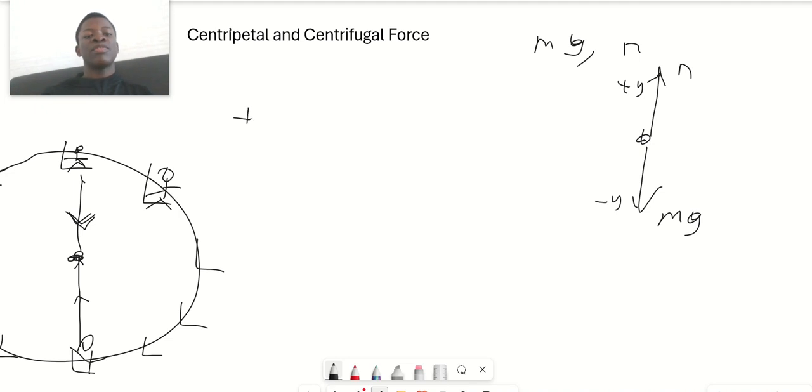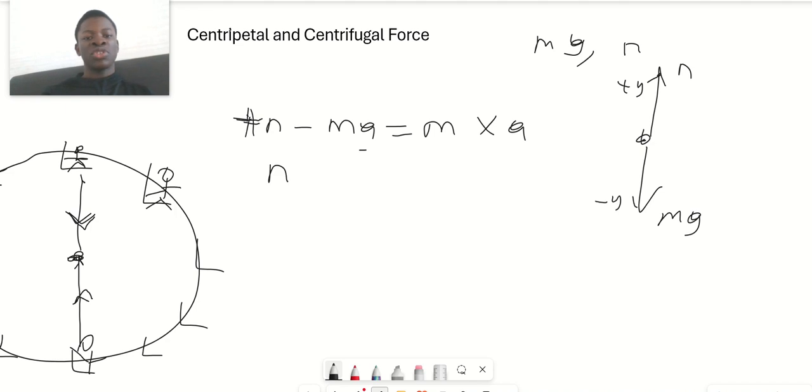So we can still have that same summation: the normal force minus the weight of the object is equal to the mass of the object times its acceleration. According to the axis that we set up, the centripetal acceleration is pointing upwards at this point.